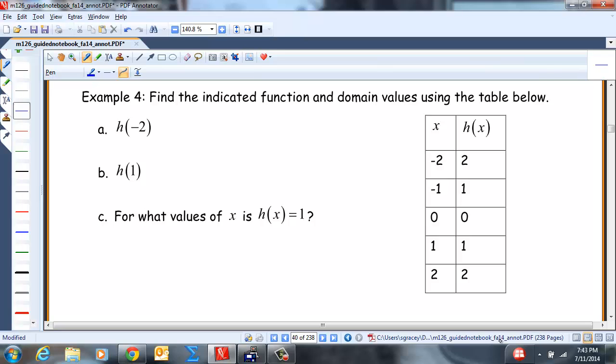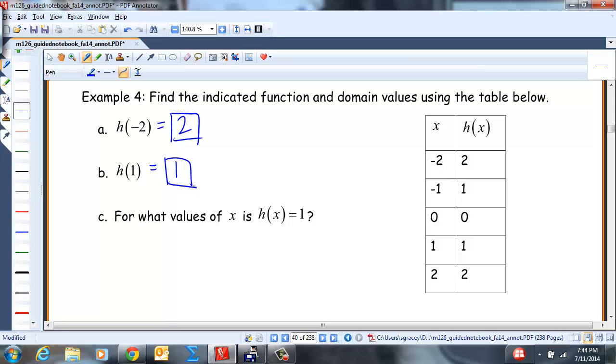So we're being asked for a function value when we are asked for h when x is negative 2. So you look at when x is negative 2, h is positive 2. What about when x is positive 1? Go down here. Yes, we'll get positive 1.